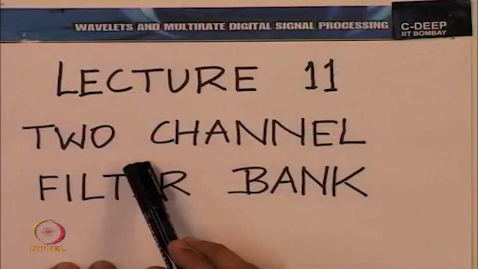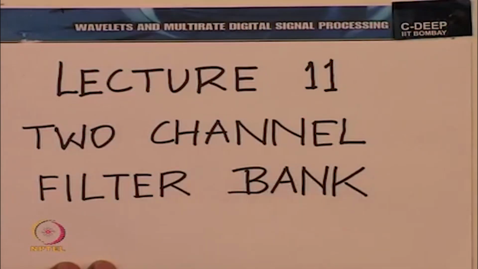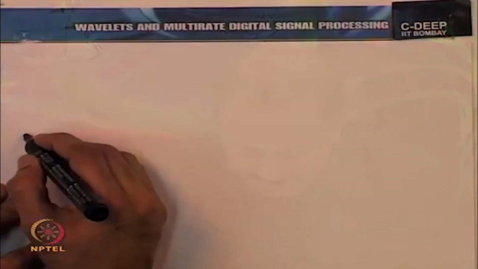So, today's lecture, as I said, is entitled the two-channel filter bank. And we intend in this lecture to talk about this structure, which we have been repeating often again.